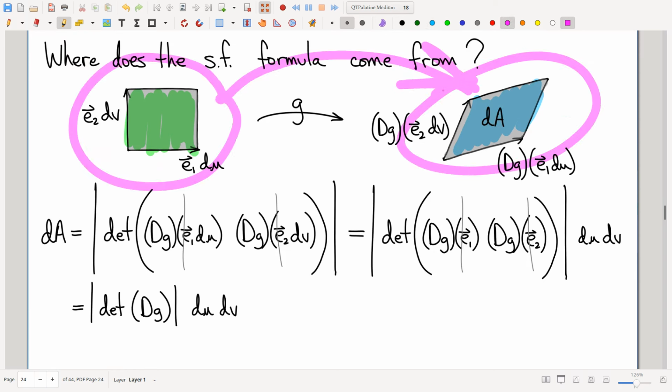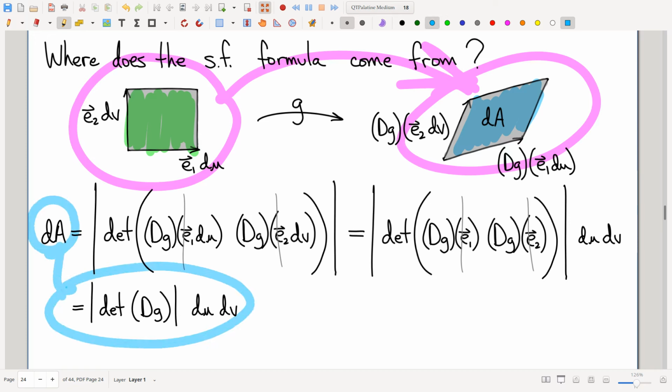Well, I just computed that blue area, and it is the green area times the stretching factor that I was looking for. So that's how I know that expression is the stretching factor. Everybody happy?